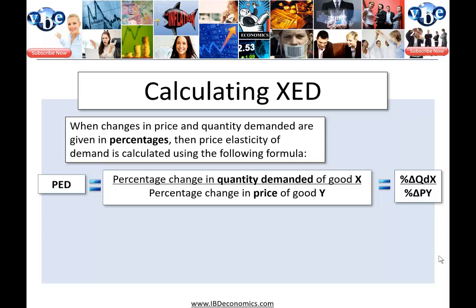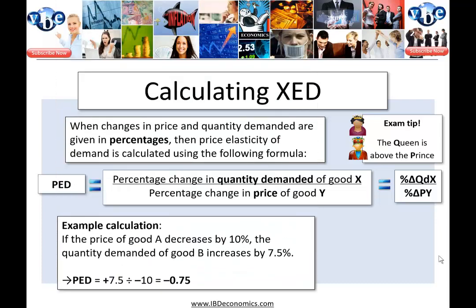So percentage change in quantity demanded of good X over the percentage change in price of good Y. And again, as with price elasticity of demand, Queen is on top, Prince is on the bottom. Queen is above the Prince. Quantity is above price in our equation formula.